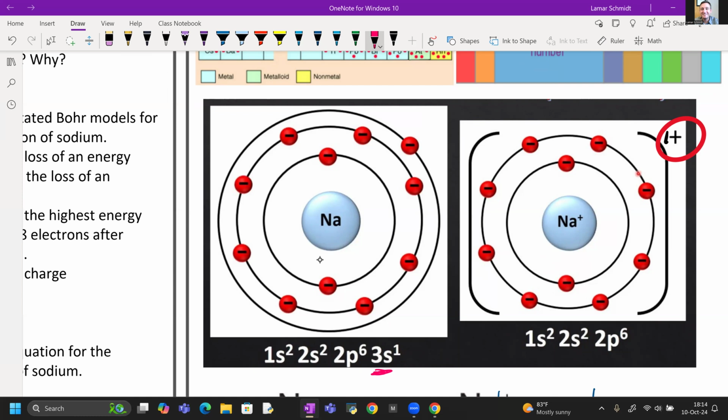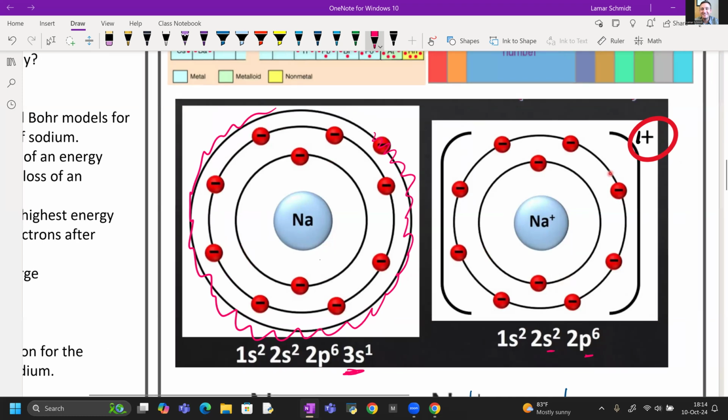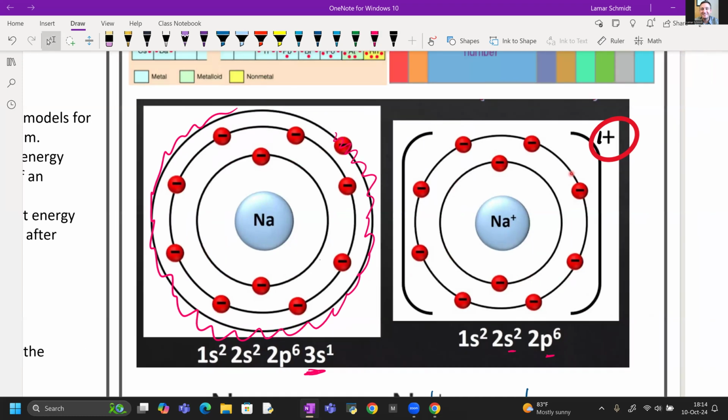So when sodium loses this electron, now this whole energy level goes away, right? It's gone. And so the next energy level that we have left contains 8 electrons and has a noble gas configuration. Look, a full S and P sublevel in its highest energy level. Therefore, it has a noble gas electron configuration. Actually, this has the same electron configuration as neon.